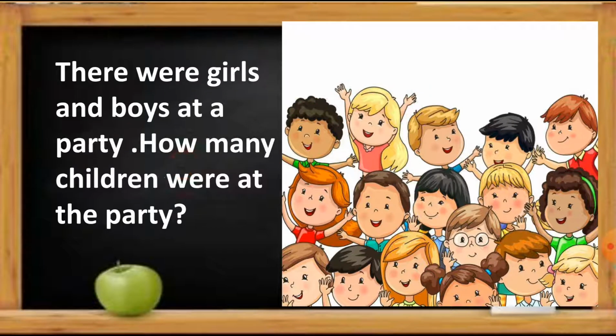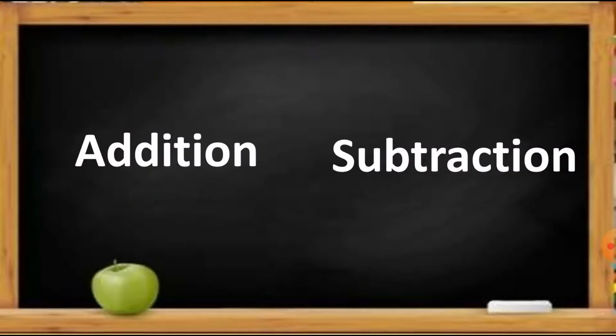You have to find how many girls and how many boys there are in all. It means you have to find the total, so you have to add girls and boys. So you will find the total number of children at the party. Which operation do we have to do here? Addition or subtraction? Both operation names are there, and from these you have to find which operation will come here.